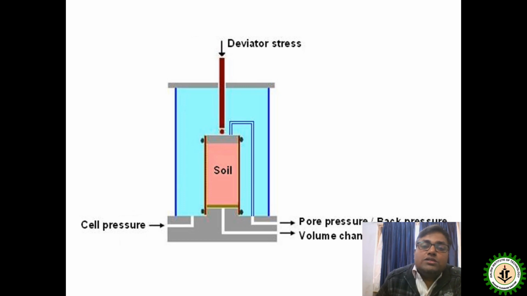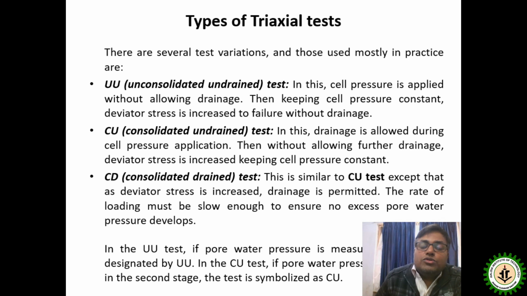Then we have to apply the deviator stress or the additional axial stress till failure. That will be given only in the axial direction. We have to apply this deviator stress till failure. So from this test, we get the values of sigma 1 and sigma 3, the major principal stress and the minor principal stress.